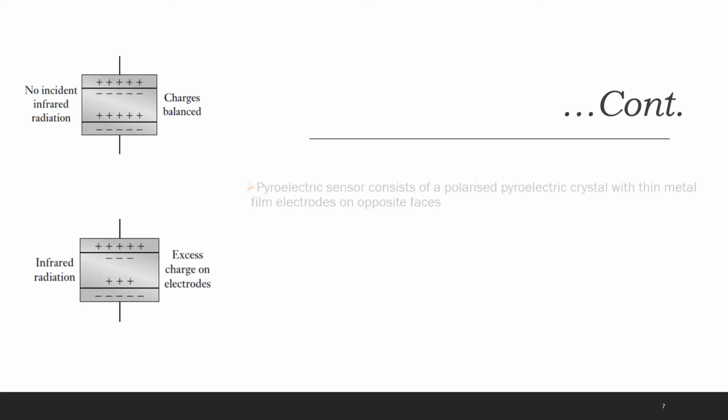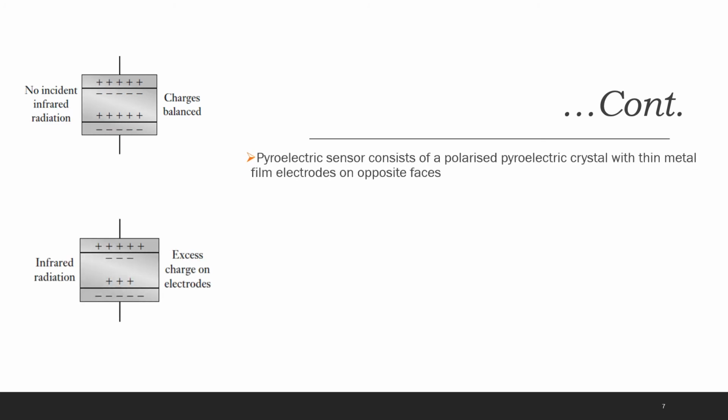So a pyroelectric sensor consists of a polarized pyroelectric crystal with thin metal film electrodes on the opposite faces of the crystal, as shown in the first figure. Here the middle portion is the pyroelectric crystal and the two end portions are the metal film electrodes.